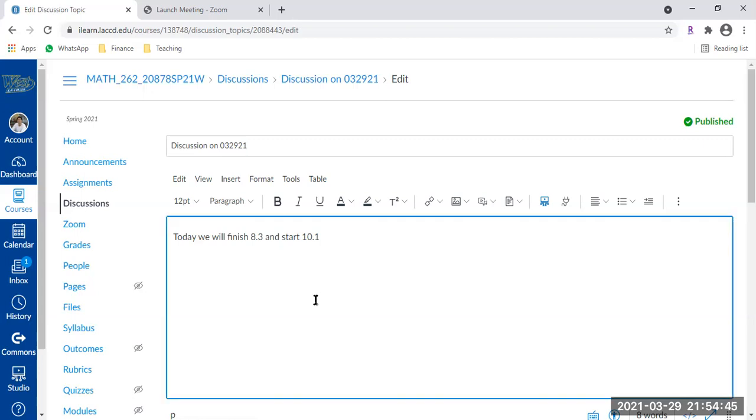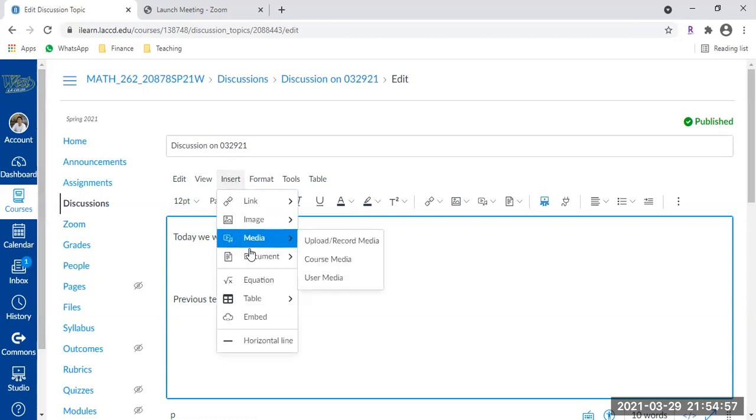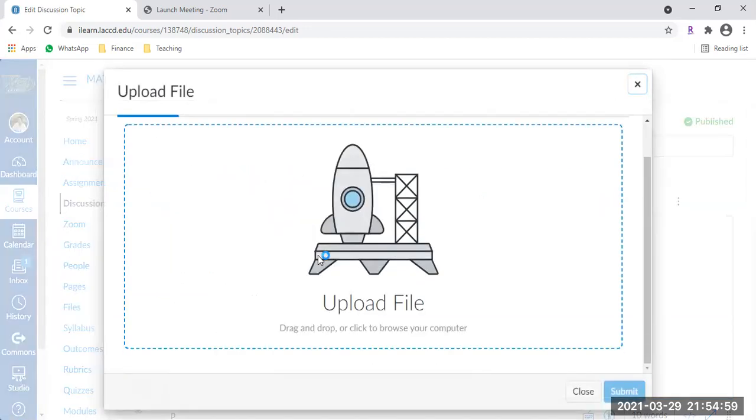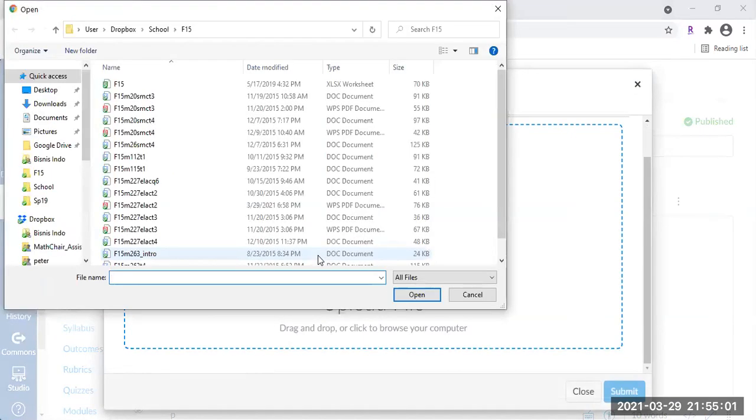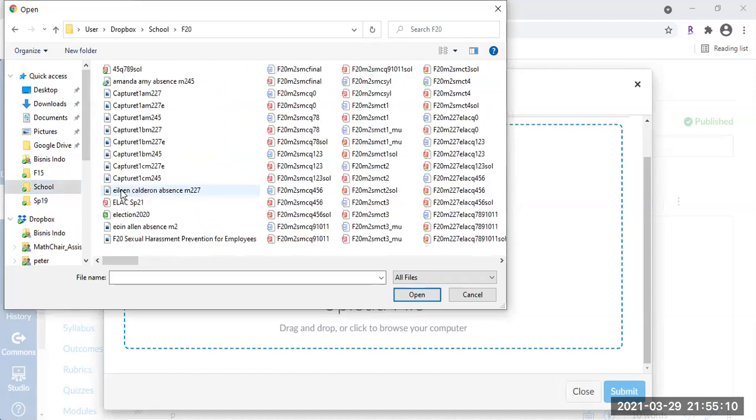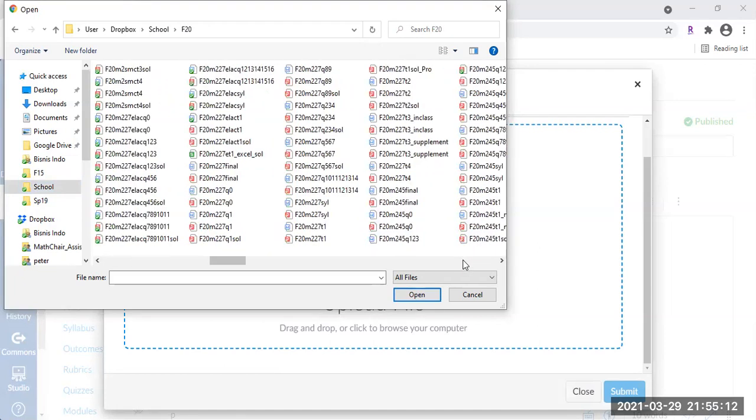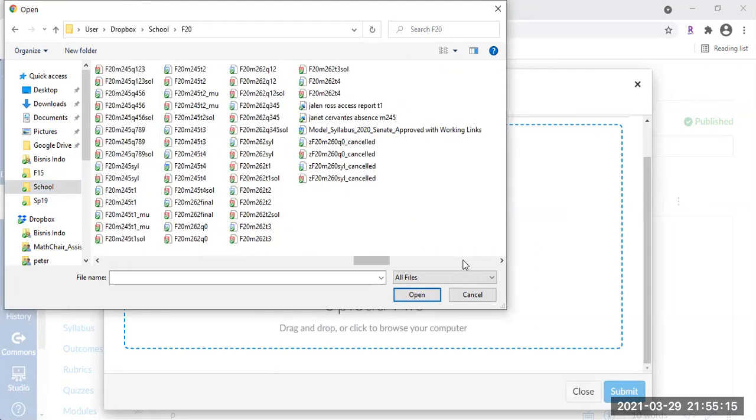It's my previous test. I think I can show you the one from last semester. Take a look at that. The one from last semester is fall, huh? Give me a second. I will answer you very soon. From fall 20, Math 262 test 2.